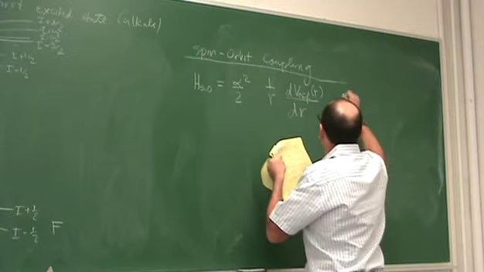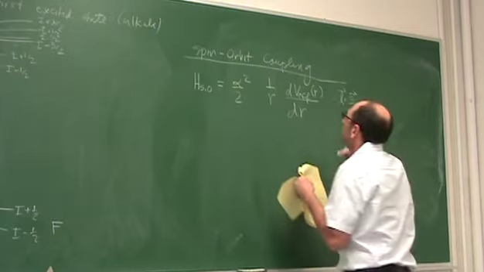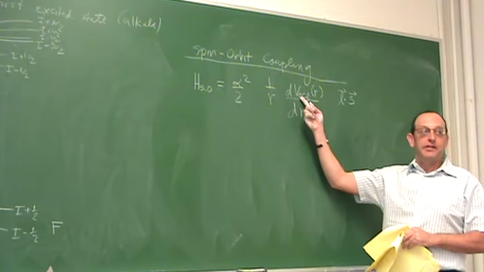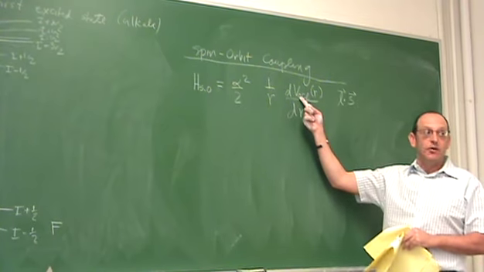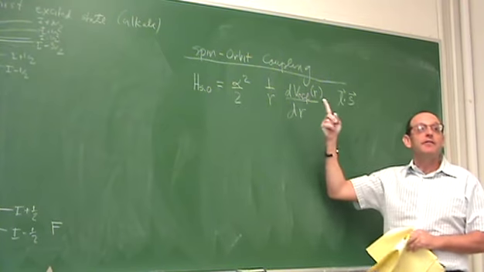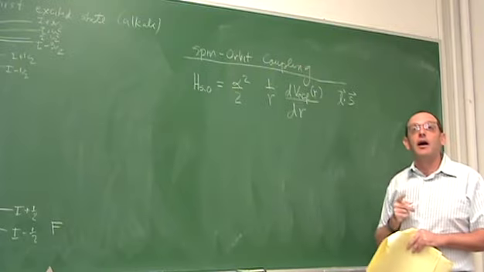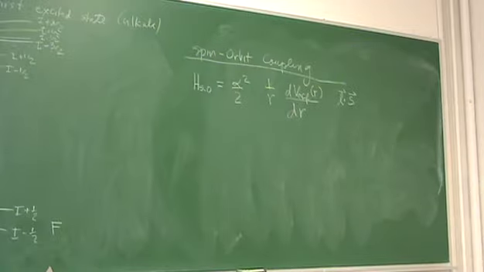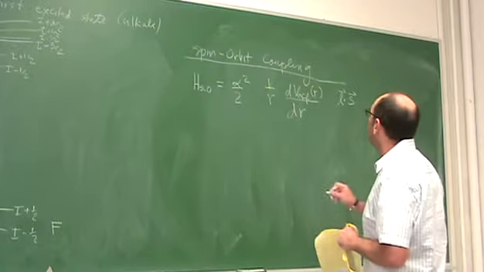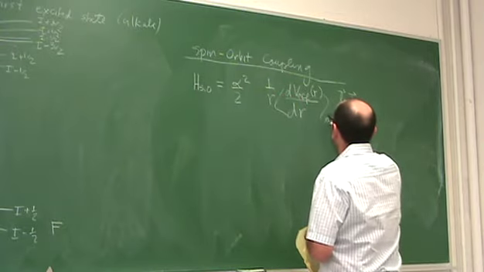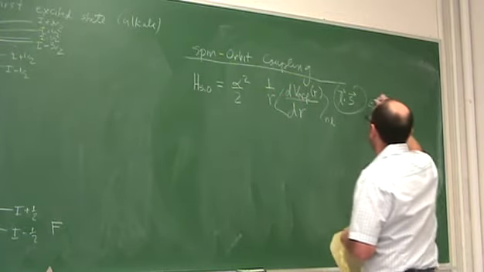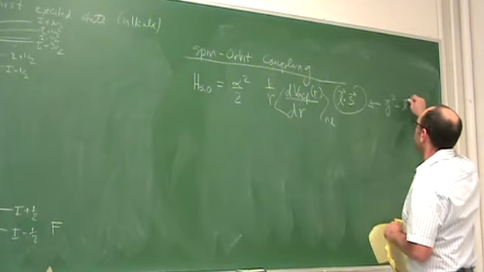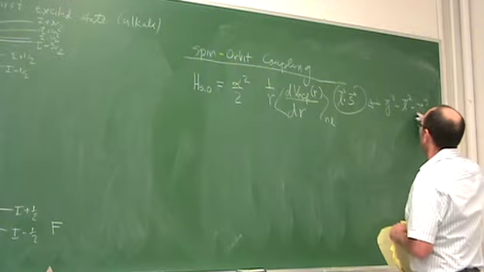And then we have L dot S. Now this we had before as a 1 over r potential for hydrogenic atoms. Now it's the effective potential from the central field approximation. And so if I have a particular nL configuration, this thing, of course, becomes J squared minus L squared minus S squared over 2.